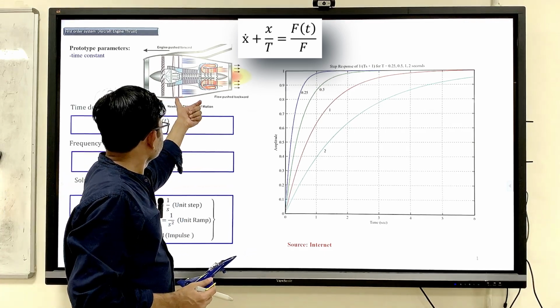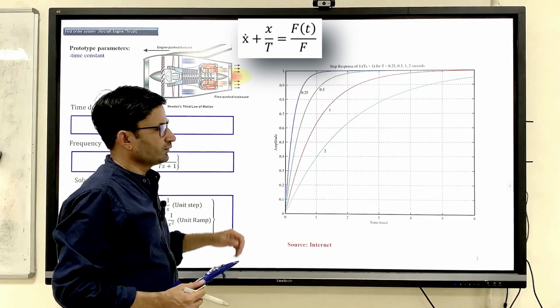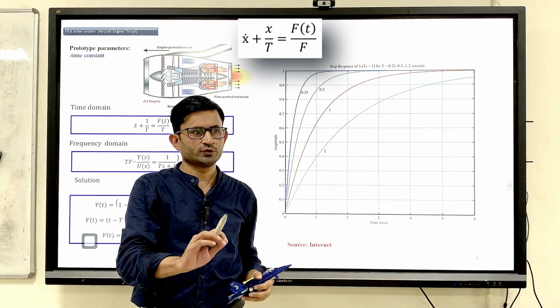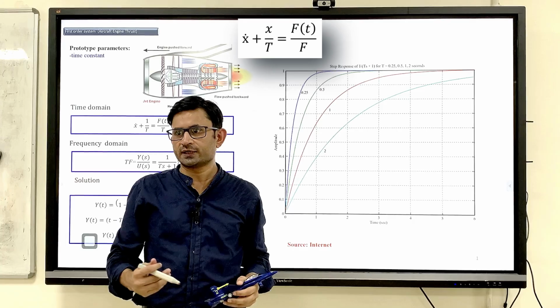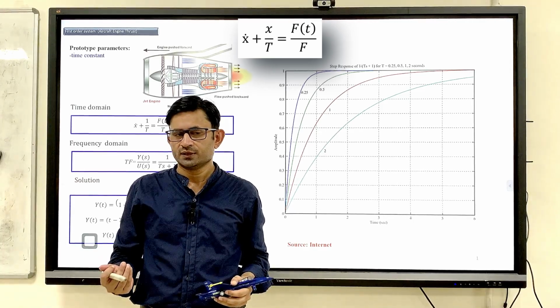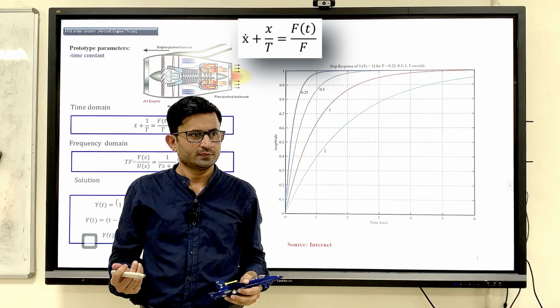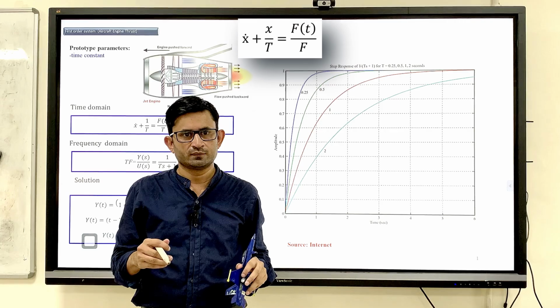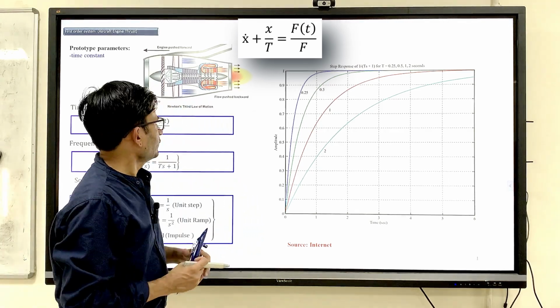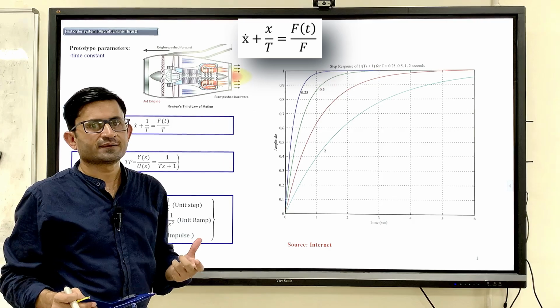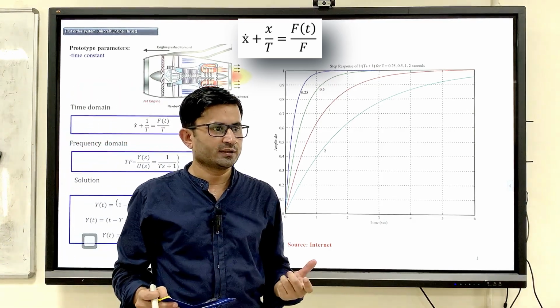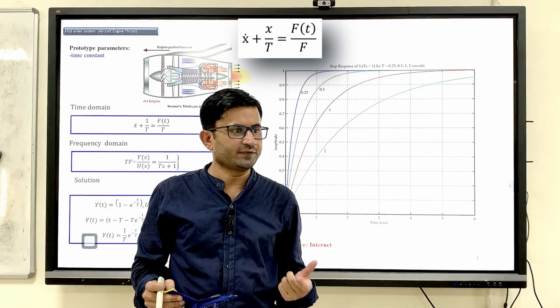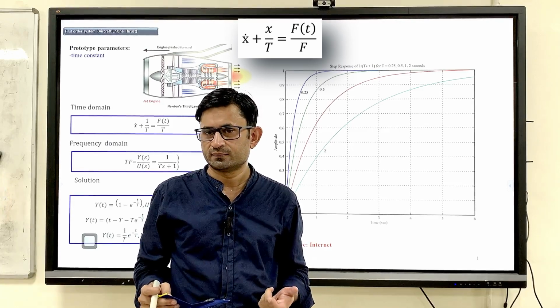If you consider this engine, when you put the throttle from 0 to some value, you will not get immediate thrust, right? It will take some time. So some kind of dynamics is already involved in this. That can be modeled as a first order or second order system. That is the significance of first order and second order systems.